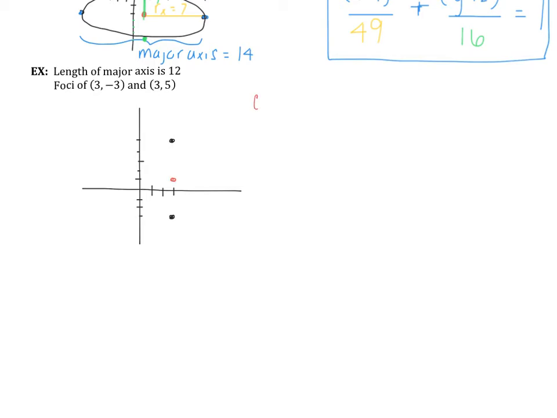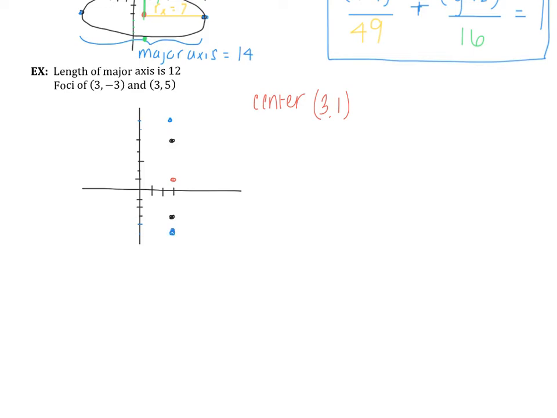So again, as soon as I know something, I'm going to write it down. Center, (3, 1). Well, that's really helpful because the major axis is 12, so I need to go 12 as my total length. So 6 above, 6 below. There's a point here, and a point here.